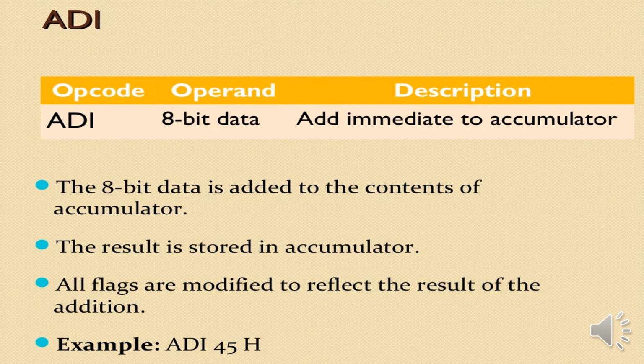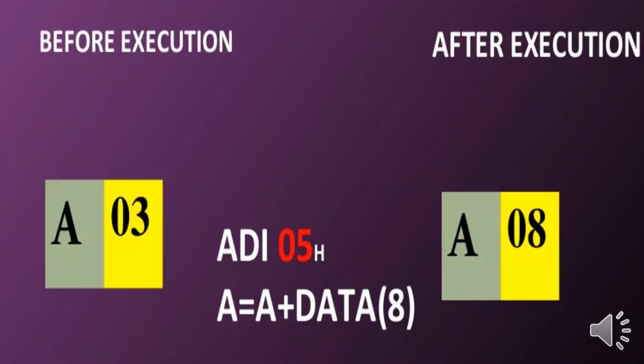So for example, ADI 45. 45 is the data. This 45 data is added with your accumulator content and the result is stored in the accumulator only. Before the execution, A value is 3, any value, ADI 5. So 3 plus 5, where 5 is the immediate value, gives 8.